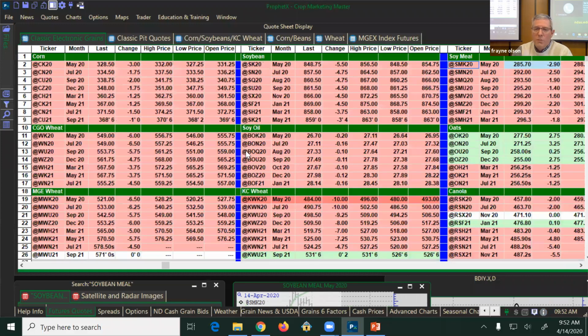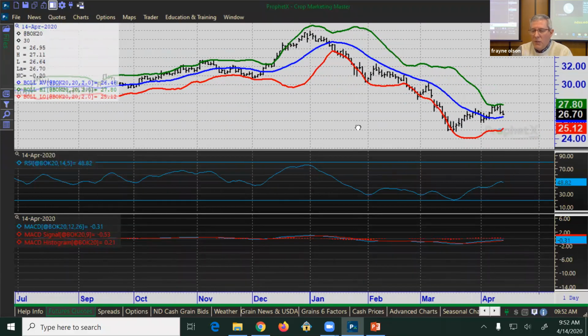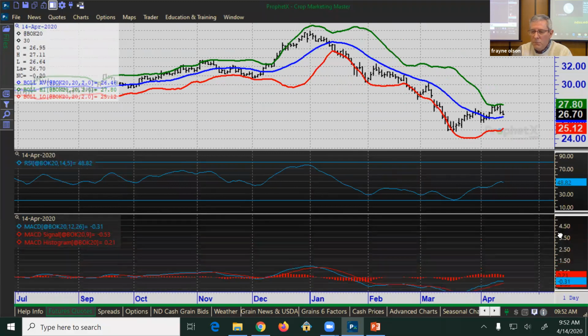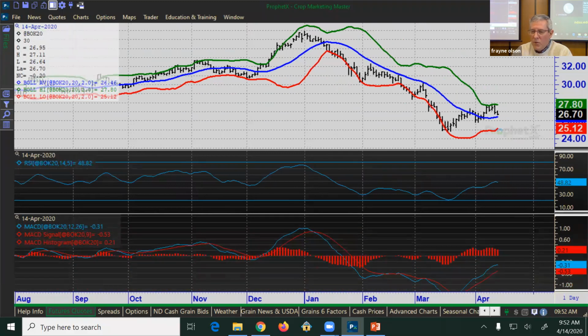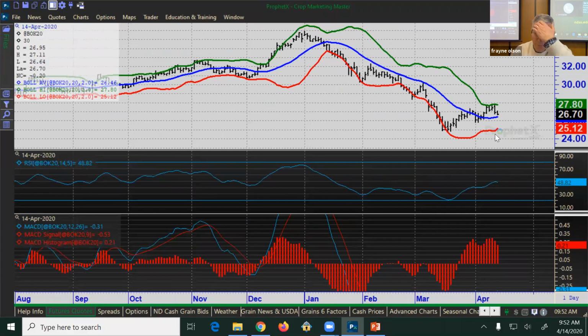When we go to soybean oil, at least nearby soybean oil, we're having a little bit more stability. Let me move this up. Try and zoom this out. On the soybean oil side, we're in the upper part of the range.